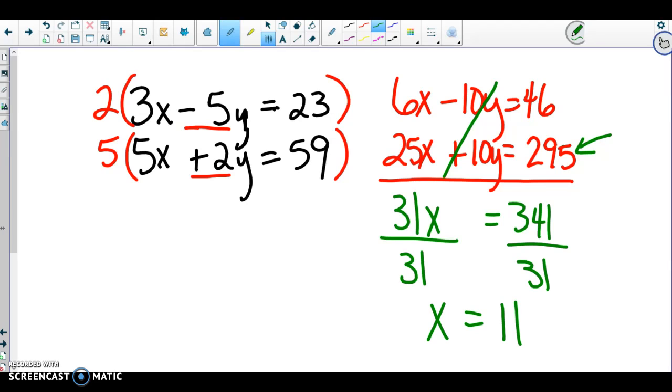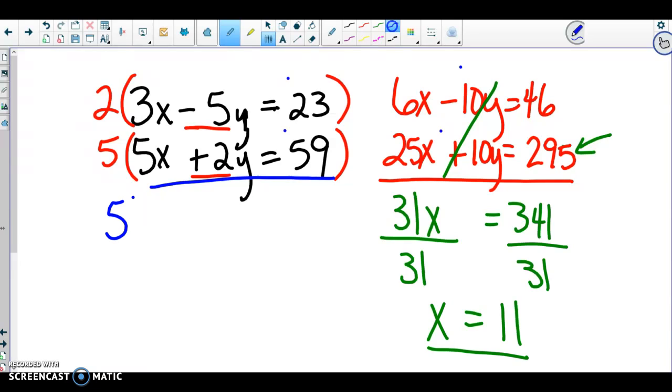Now to figure out what y is, if I know x is 11, I've got to plug it in someplace. It doesn't matter which equation. I have 4 different possibilities. I'm going to go with the bottom one right here.